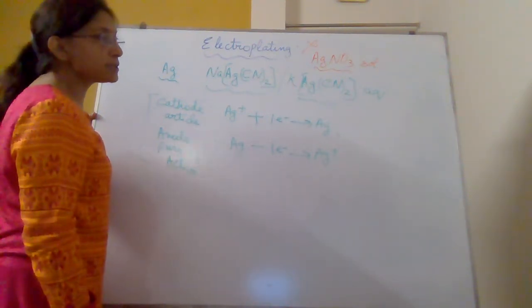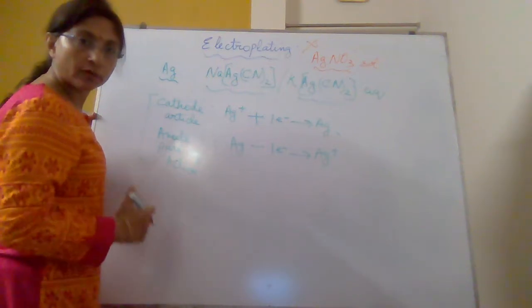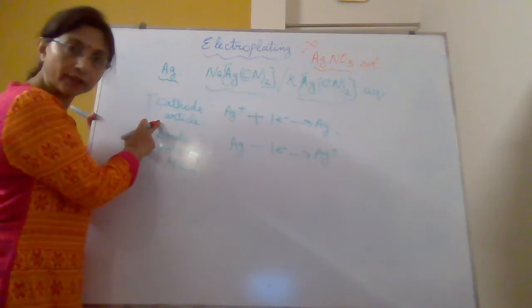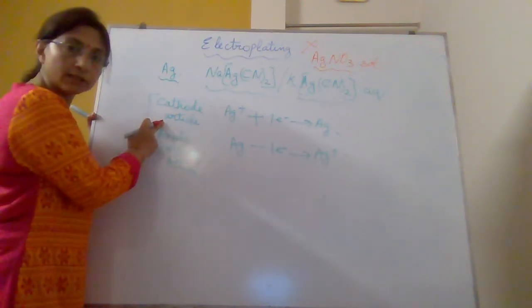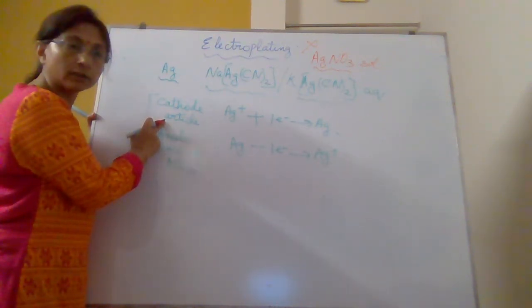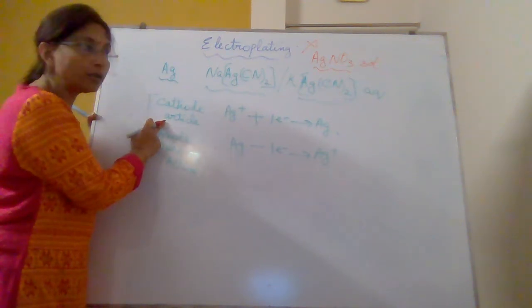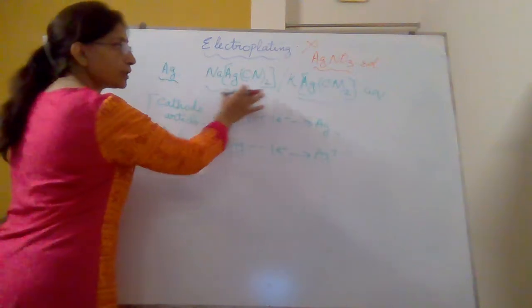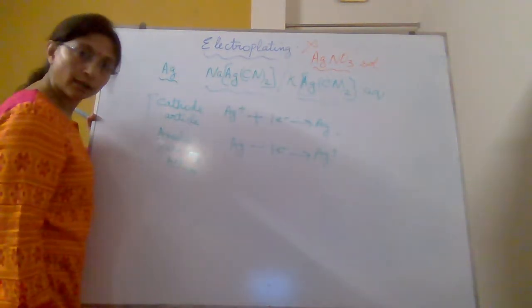As a result, the deposition of silver ions on the article to be electroplated is also very fast, and the article does not get a uniform and smooth layer. Therefore silver nitrate is not preferred. Instead sodium and potassium argentocyanides are preferred.